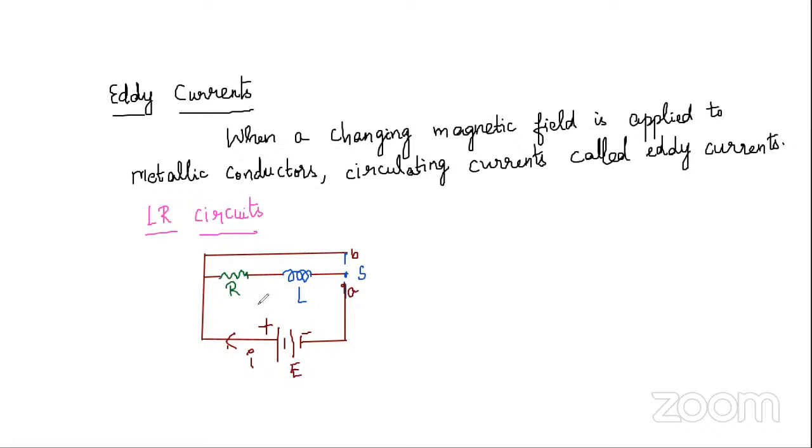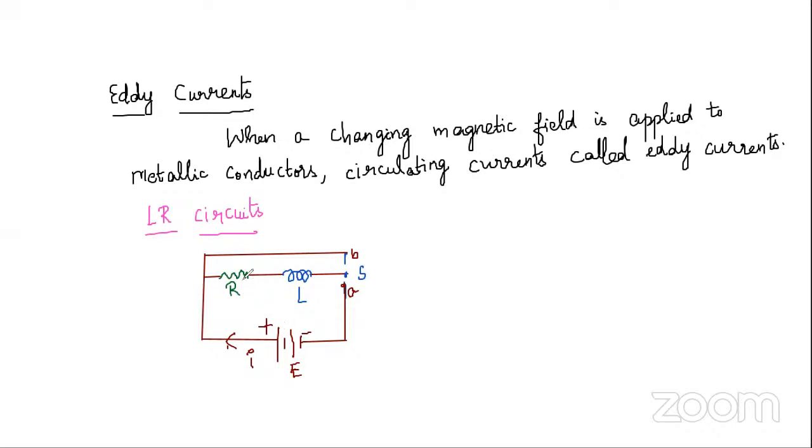Now we are going to discuss the growth of current in this LR circuit, which means when the switch is connected to the position A. The resistor and inductor are connected with the cell of EMF E. The current starts flowing through the resistor and inductor, and it grows from 0 to the maximum value or any desired value.